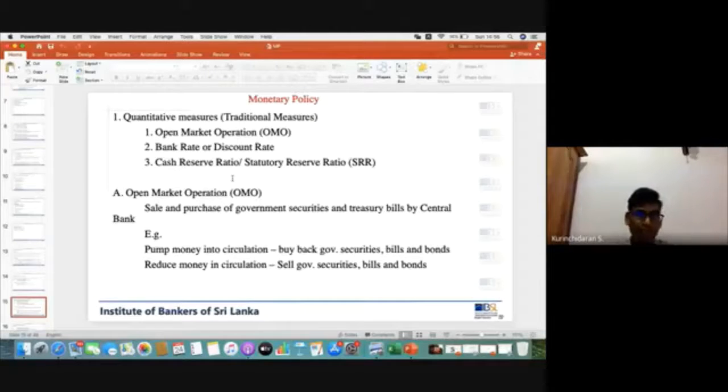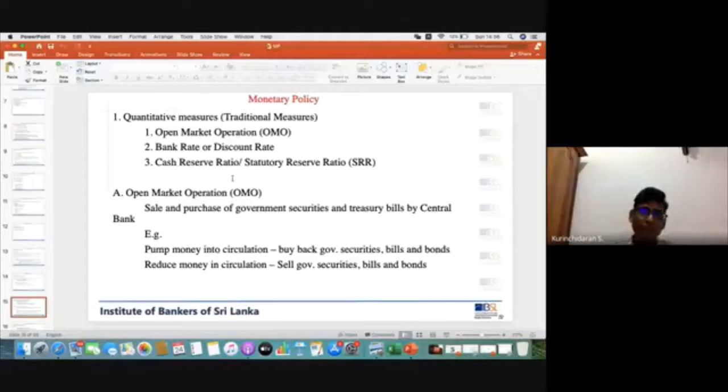Now, during this COVID-19 period, you might have heard about a lot of actions taken by central banks to stimulate the economy. As we discussed earlier, after the Great Depression, the economists were very much in favor of intervention.